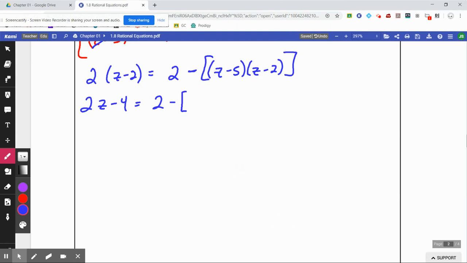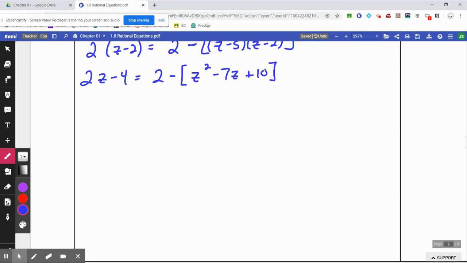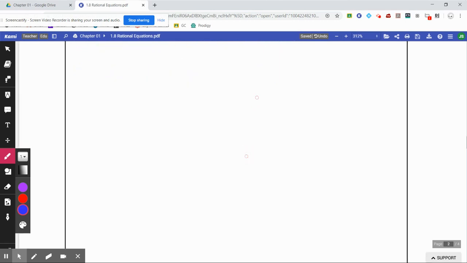Distribute this, I'm just going to go ahead and do the whole thing, combining like terms as I do it. That'd be z squared minus 7z plus 10. I do have to distribute that minus, so that'd be 2z minus 4 equals 2, a negative z squared, a positive 7z, and a minus 10.